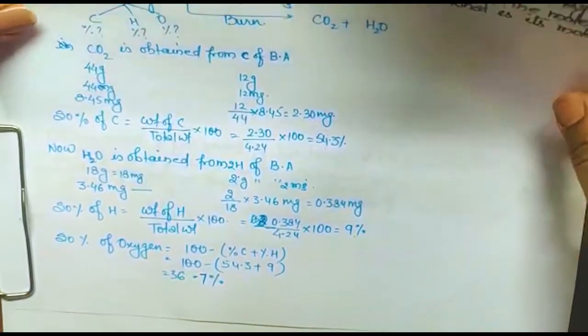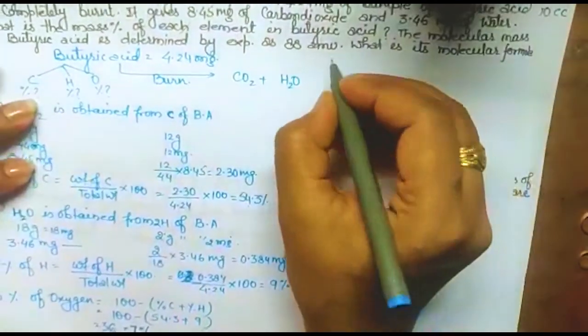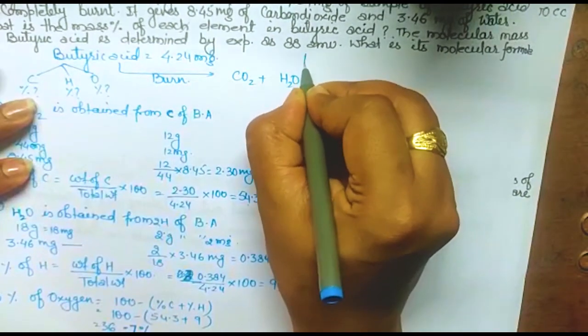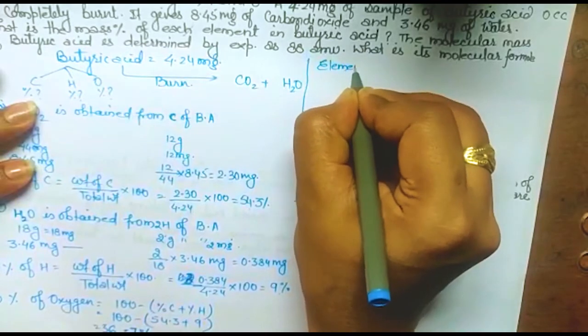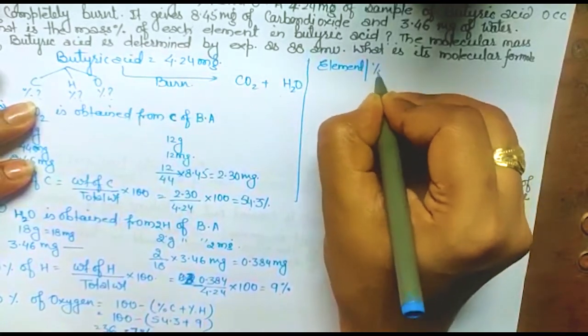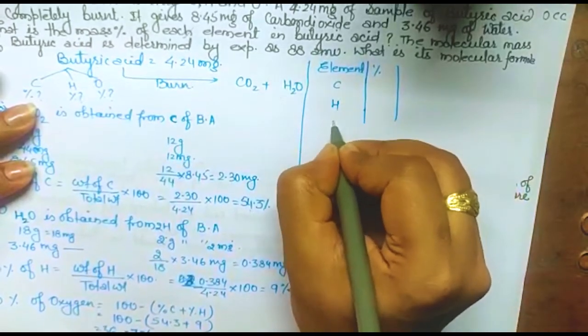Now what will we do? We will find the empirical formula. So again the same formula, same method. Element and then percentage. Elements are carbon, hydrogen and oxygen.